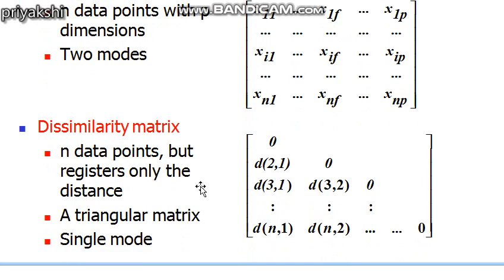There are several distance measures used to find the dissimilarity between two objects. In the dissimilarity matrix the diagonal elements will be 0 and we calculate either the upper triangular or the lower triangular part. That means distance of 2 and 1 will be equal to distance of 1 and 2. We will see in the next class how this dissimilarity matrix is computed using the distance measures. So thank you.